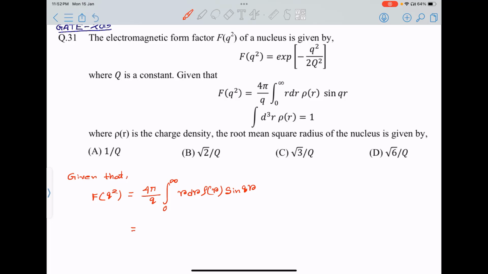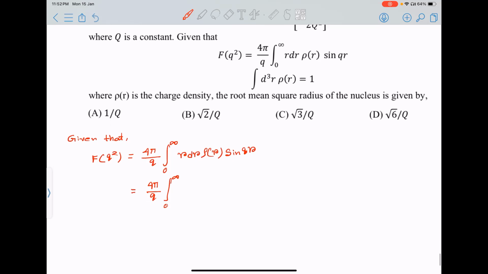So this will be (4π/q) ∫ r dr ρ(r), and we can expand sin(qr) as qr minus (qr)³/3! plus (qr)⁵/5! minus and so on.